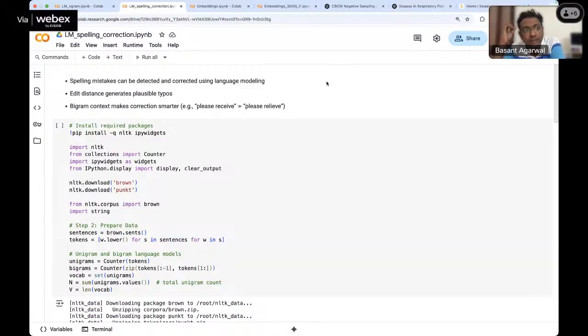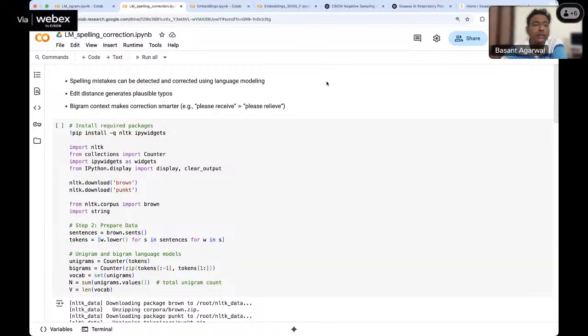So the idea is language models can be used for spelling mistake detection because they will give a very low score to misspelled words, which is quite efficient if given a good vocabulary-based corpus.